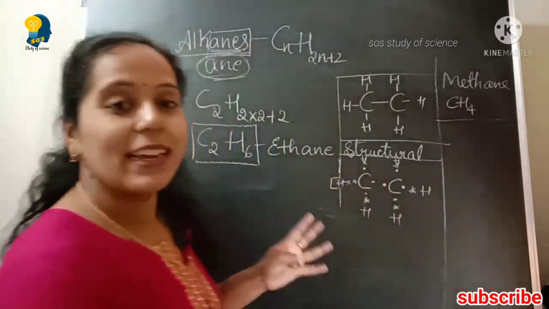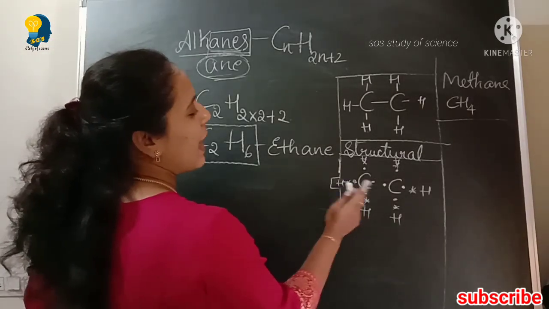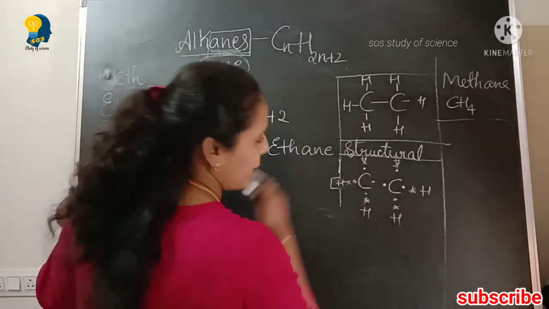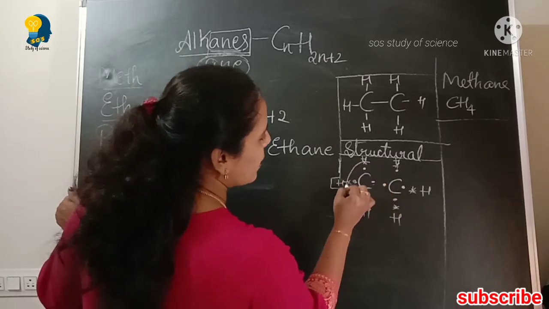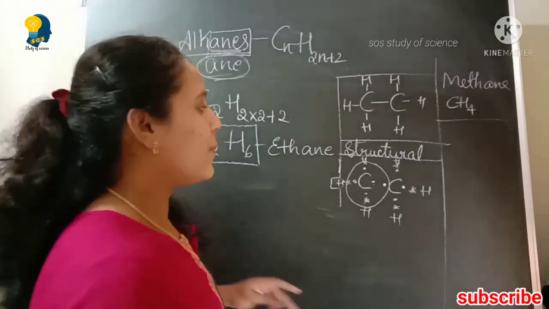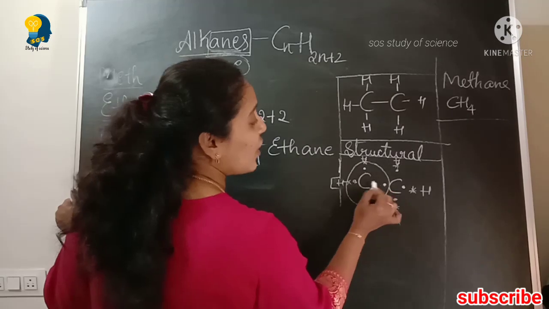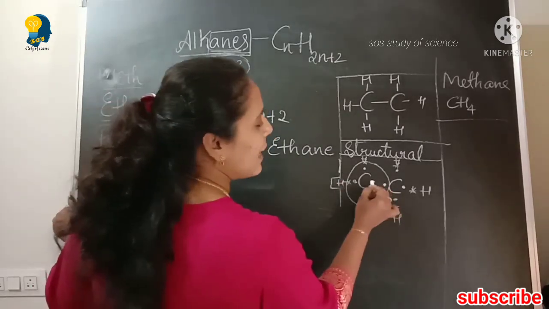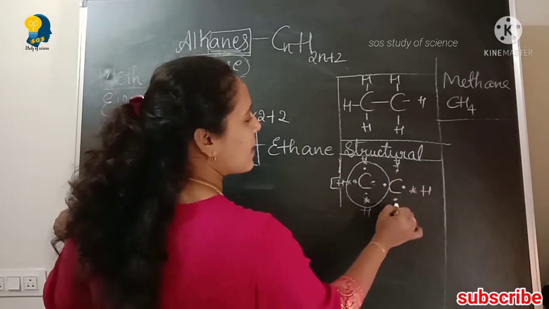You can also check whether they have obtained stability or not. See, this carbon has 8 valence electrons surrounded by it: 1, 2, 3, 4, 5, 6, 7, 8. Let us put a circle for this. So now this carbon has obtained stability. What about this carbon? This carbon is sharing electrons, right? So these electrons also belong to this carbon: 1, 2, 3, 4, 5, 6, 7, 8.